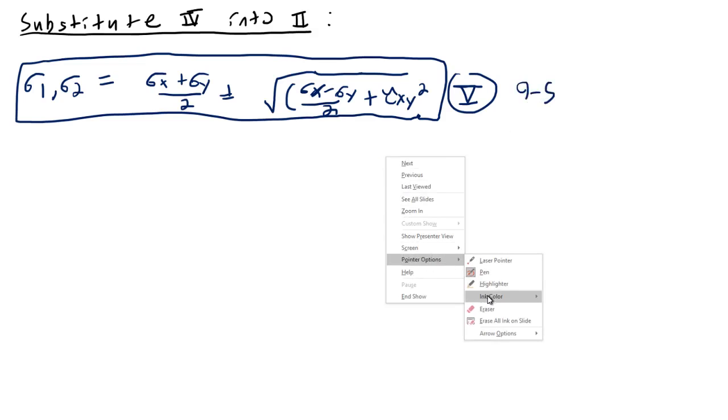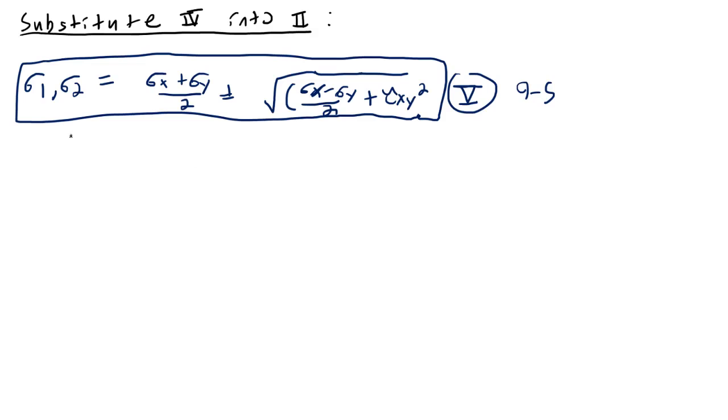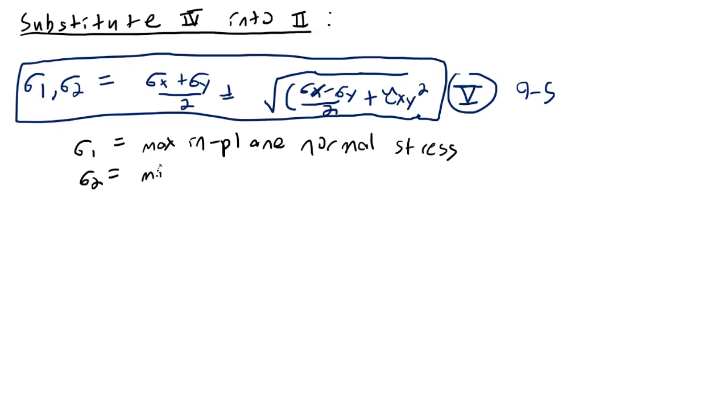Again, sigma 1 is going to be the max in-plane normal stress, and sigma 2 is going to be the minimum in-plane normal stress.